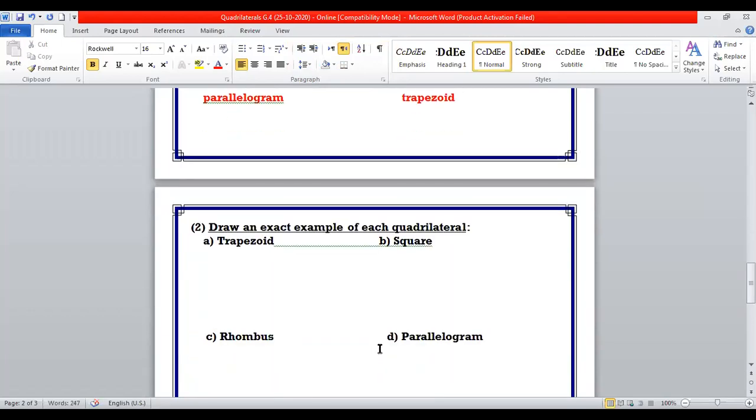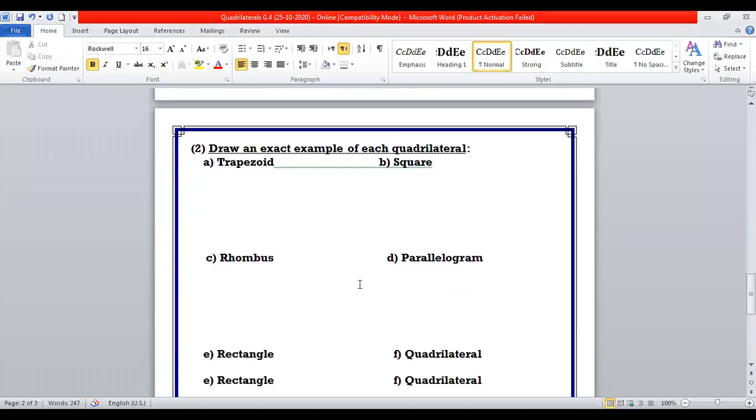Okay, guys. Now you have a pencil. You have a ruler. You have pencil and ruler, and you have your sheet. Okay. Exercise number 2. Draw an exact example for each quadrilateral.